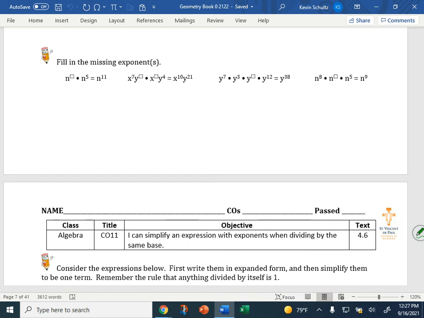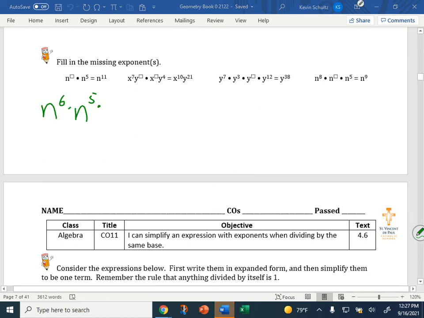What does that first exponent have to be? So you have to take 11 and take away the 5, and then whatever you get is what's in the box. Which is? 6. There you go. It's got to be a 6, right? n to the 6th times n to the 5th equals n to the 11th. So it's solving an equation for an exponent, when you know what that rule is.